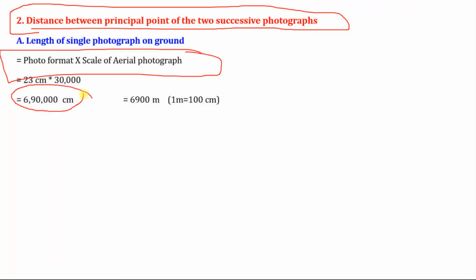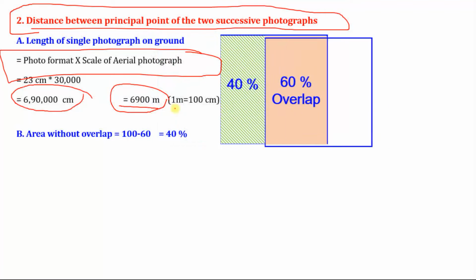If you convert into meter, 6,90,000 upon 100 is equal to 6,900 meter. This is the length of a single photograph on the ground.